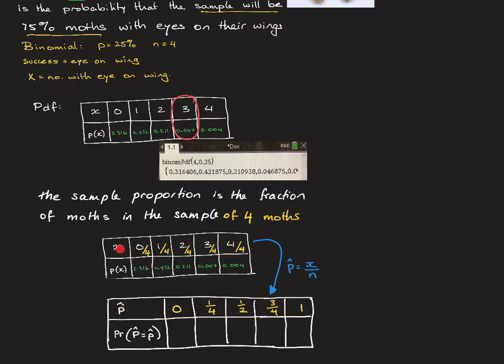Instead of x, because everything's been divided by n, it's now p hat. And instead of being the probability that x is equal to x, it's now the probability that p hat is equal to p hat. And the answers that go in here are exactly the same answers that appear in the corresponding x distribution up above.